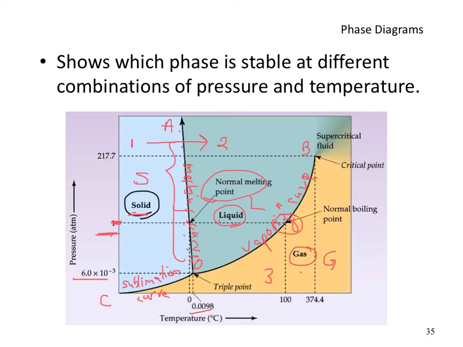Now, as discussed previously, if you want to go from 1 to 2 to 3, so let's say you have ice and you start heating it, and you want to continue to go up to point 3.